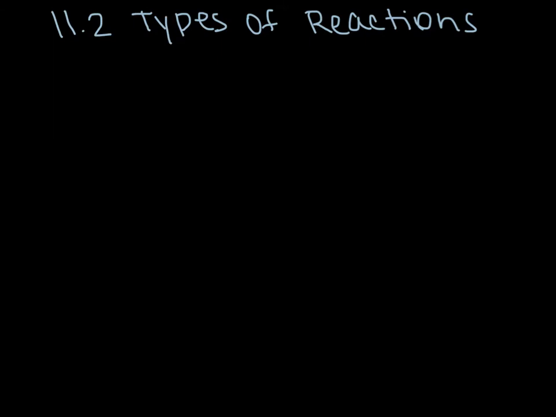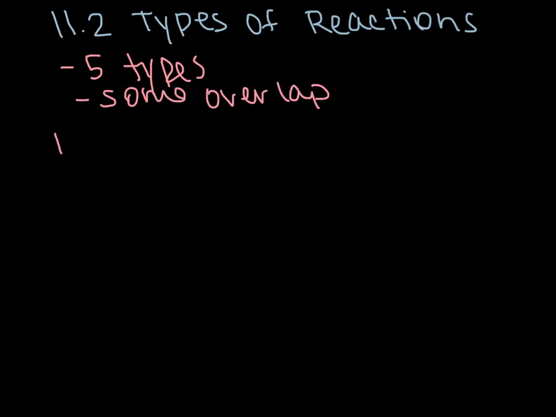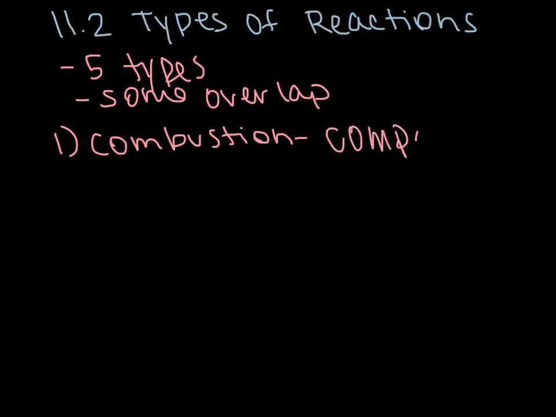11.2 is types of chemical reactions. There are 5 types and some overlap. Number 1 is combustion, in which a compound or element reacts with O2 and produces heat.